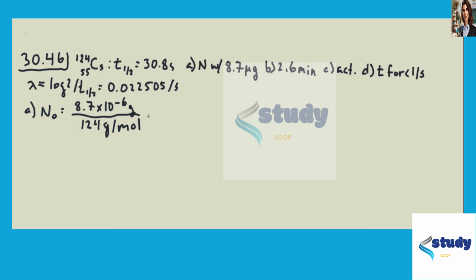And then we multiply by Avogadro's number, 6.02 times 10 to the 23rd atoms per mole. And so we find that we have 4.2 times 10 to the 16th nuclei.